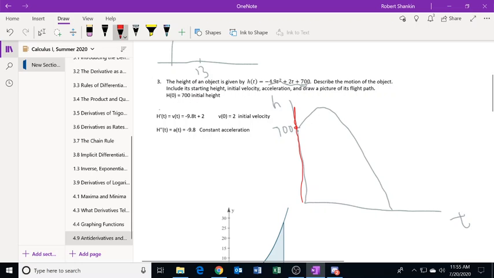But we extend that to make it look like this when we artificially put this time axis out here. It's not really the path of the flight of the object. It's how we imagine it when we put a time axis on it.